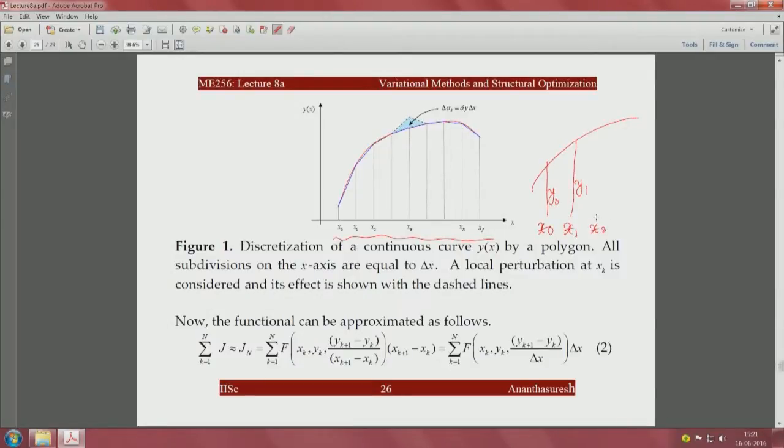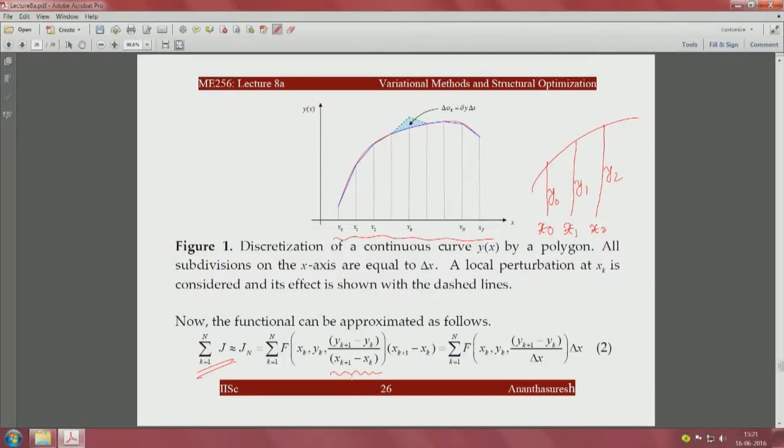If I take another point x2, I do not know y2 and so forth. He basically discretizes. When he discretizes, the integration in the functional becomes summation, and then derivatives are represented in terms of these discrete values as finite differences. So everything is now in terms of y0, y1, y2, which becomes a finite variable optimization.